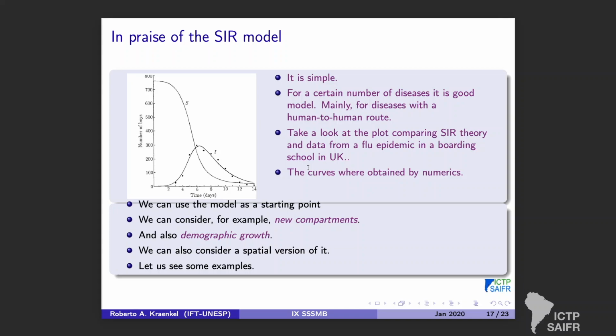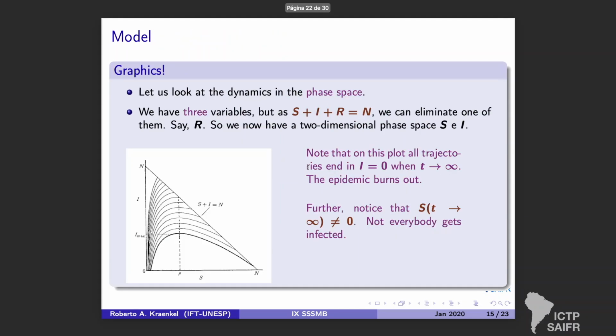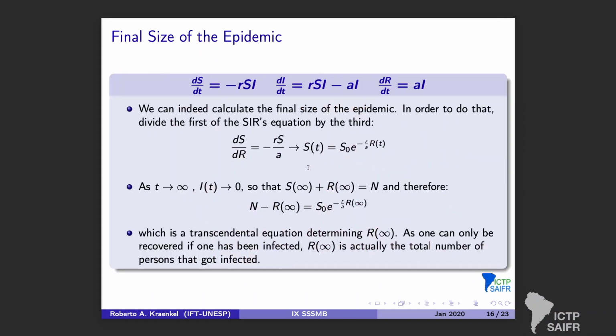And another thing that you can see with the SIR model is that not everybody at the end will have been infected. So how will we see this? Let's again write the equations.